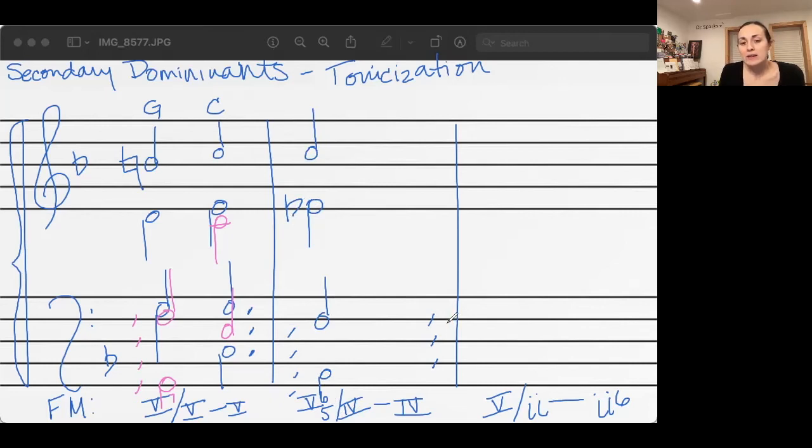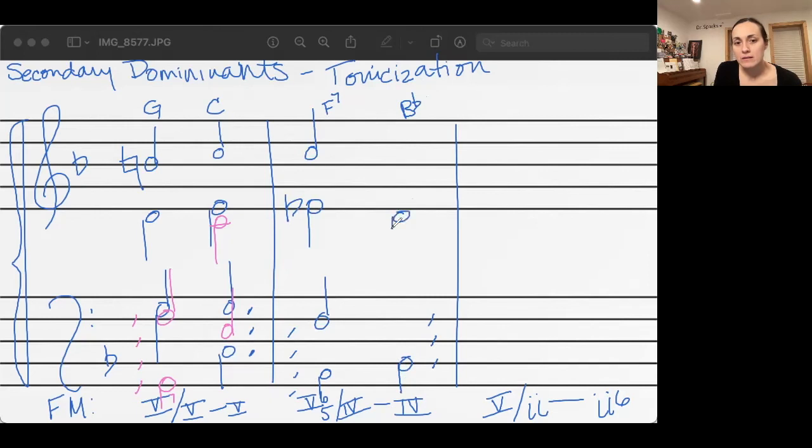And luckily in this case, the 4 is going to help us resolve our tendency tones. Because we have to think about if we're going to B flat, this is really an F7, going to B flat major. If we're going to B flat, our leading tone is A natural, so the A has to come up. That's going to be an easy way to keep our root position for our 4 chord.